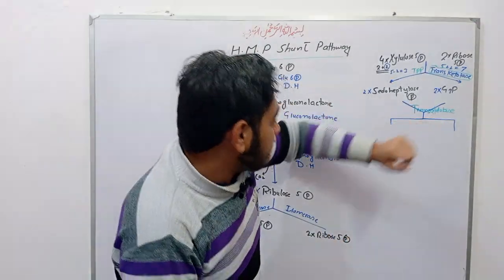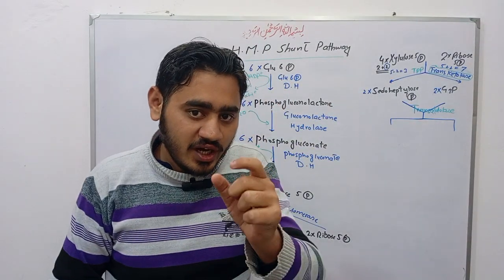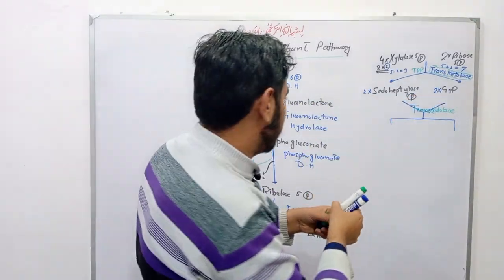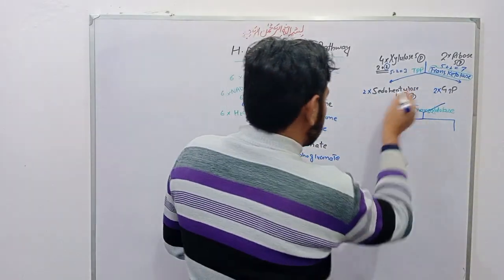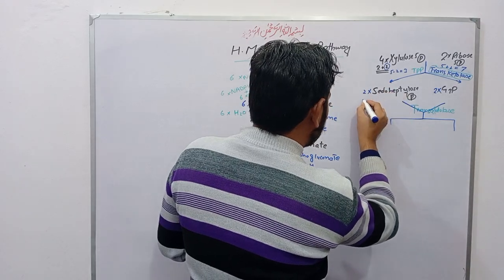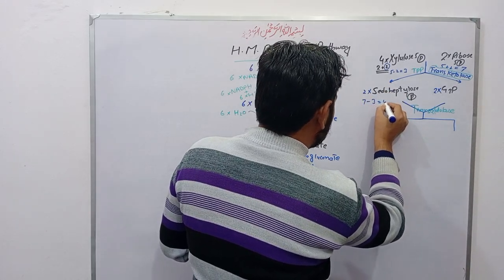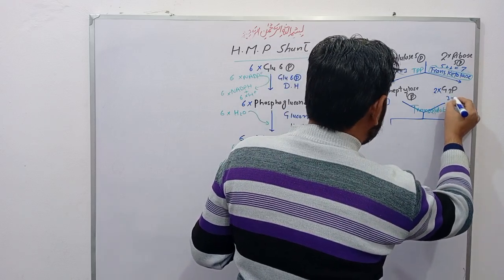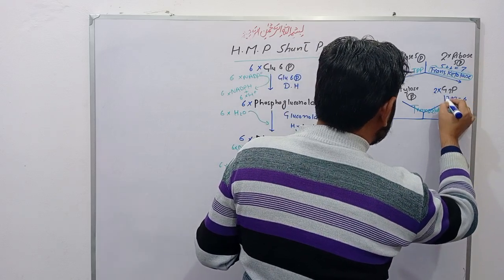With the help of this enzyme, there is a transfer of 3 carbon from this keto sugar to this aldo sugar. This is the 7 carbon atom containing compound. 7 minus 3, that will be equal to 4. And here 3 plus 3, that is equal to 6.